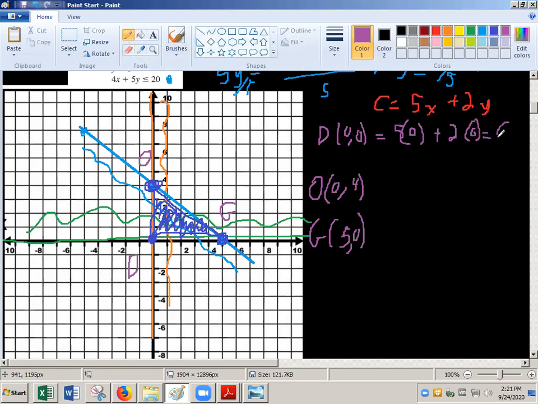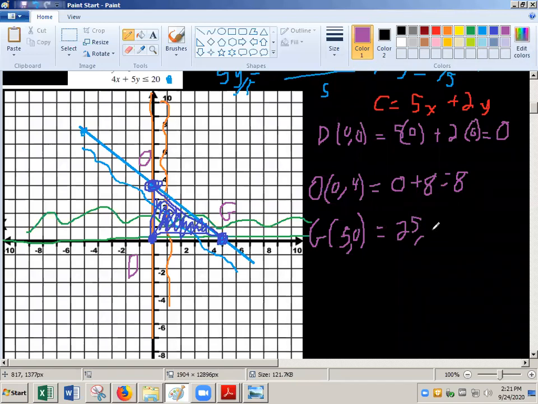Shocker, gives me 0. This looks like a pretty good candidate for a minimum, but we don't know that yet. Next one here, I have 0, 4. 0 times 5 gives me 0. 4 times 2 gives me 8.